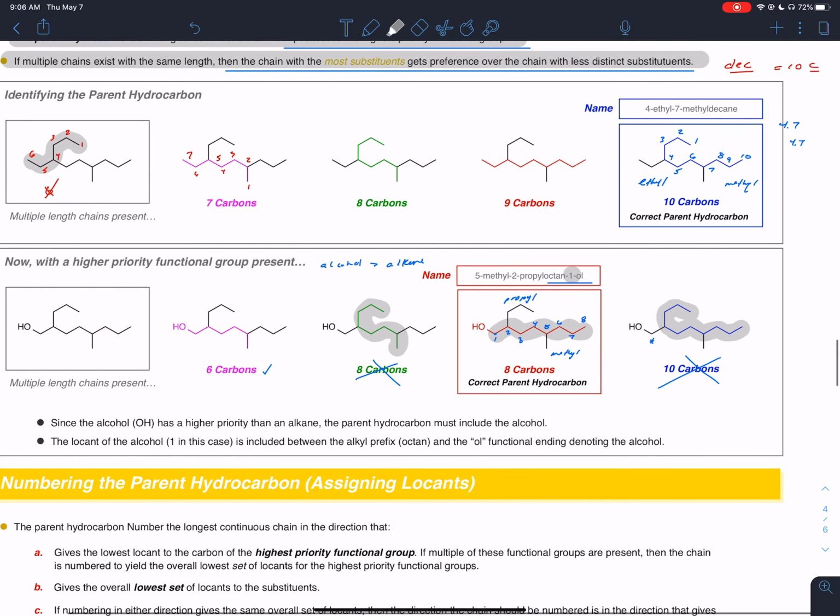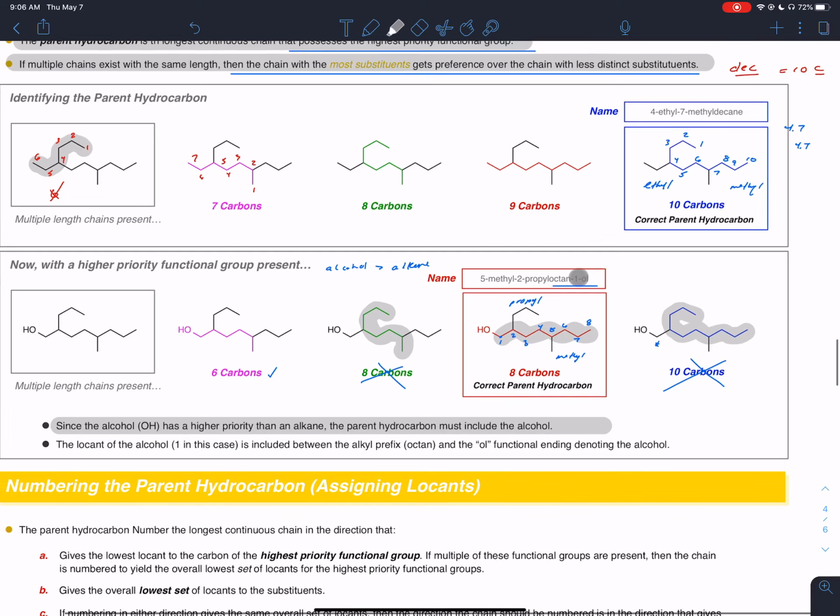Okay, so just to reiterate that, since the alcohol is the highest priority functional group, it is higher priority than the alkane, we number the chain and identify the parent hydrocarbon, and it must include the carbon bonded to the alcohol group, that OH group. And we have to use a locant to say where on that parent hydrocarbon is our alcohol.